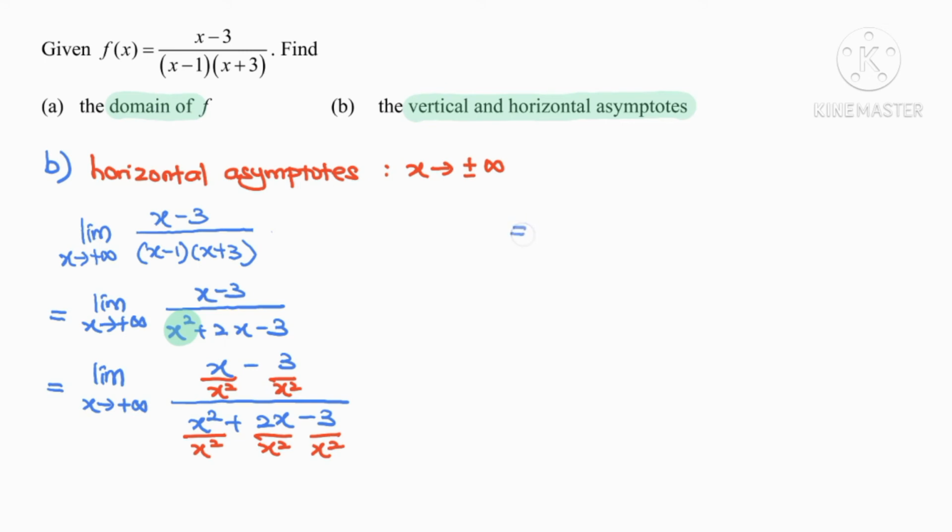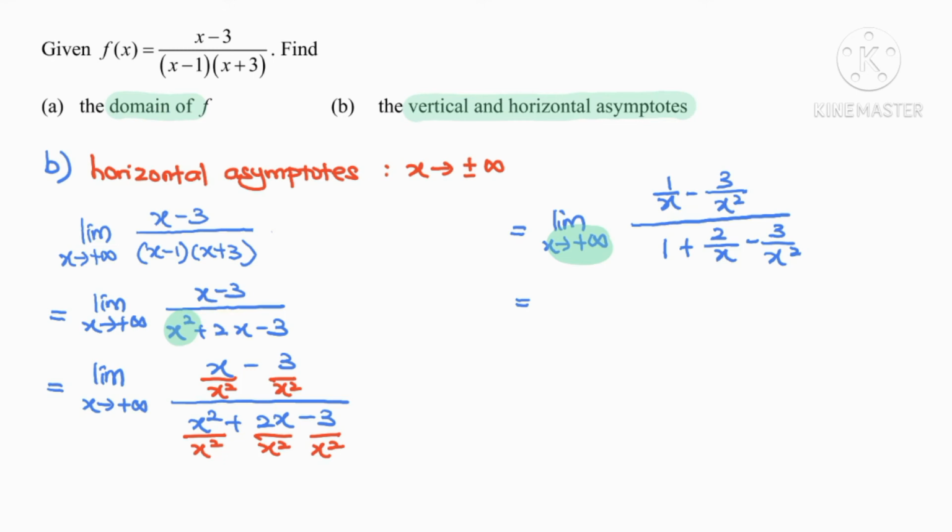Next, let us simplify the function. We have 1 over x minus 3 over x squared divided by 1 plus 2 over x minus 3 over x squared. We are going to replace x with infinity into the function.